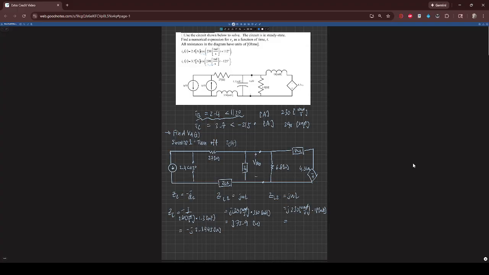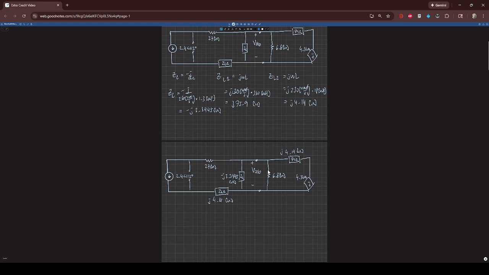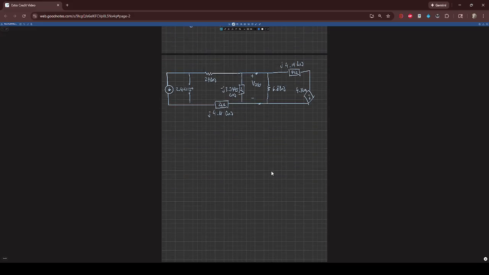So that's it. And we basically need to solve for VAB right here, the voltage in between those terminals. The simplest way to solve this is using nodal voltage. Let's look at the circuit below. For nodal voltage, remember to always label your nodes.